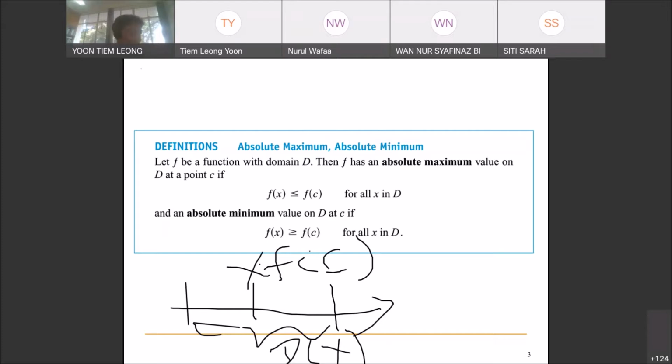If f(c) is always larger than all the other values within the domain, then the point c is called the absolute maximum. It's quite easy to understand. If you have a point where the value of the function at c is always smaller than any other value of the function within the domain, then the point c is known as the absolute minimum.